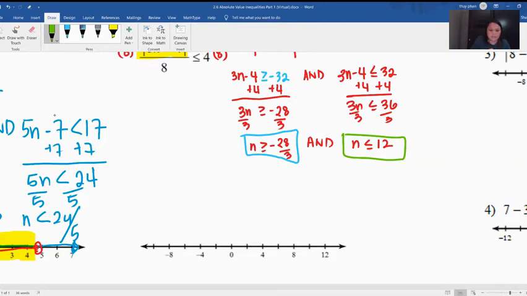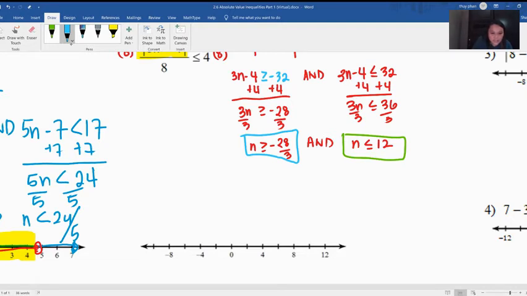Now, negative 28 thirds is approximately negative 9.3, repeating. And so that's the reason why we like to keep it as a fraction, but we can estimate that when we're graphing. All right, so I'm going to go ahead and graph this. So n is negative 28 thirds. So here's negative 8.